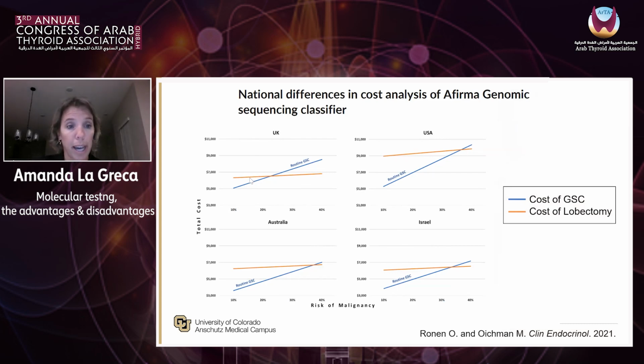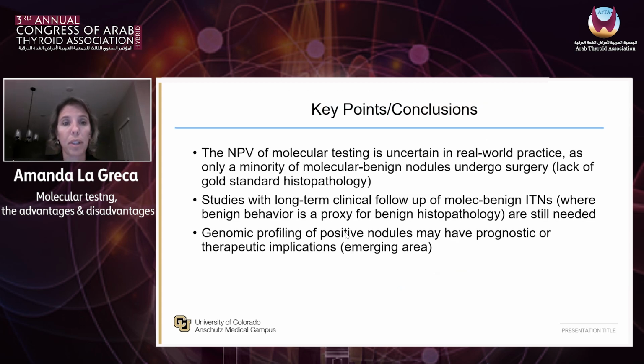Compare the UK, the cost is below 7,000. Australia, same. Israel, same. But the USA, much higher. So in the USA, the cost-effectiveness is better for molecular testing rather than lobectomy as compared to some other countries, at least for now.